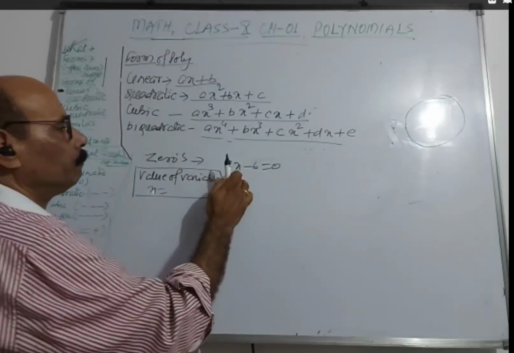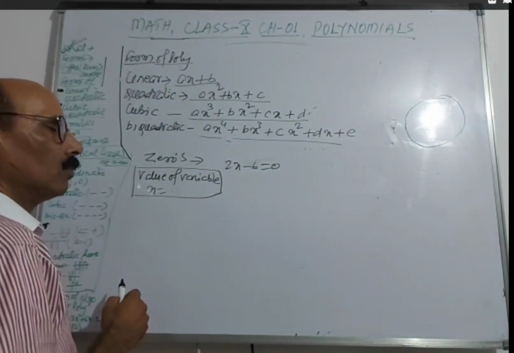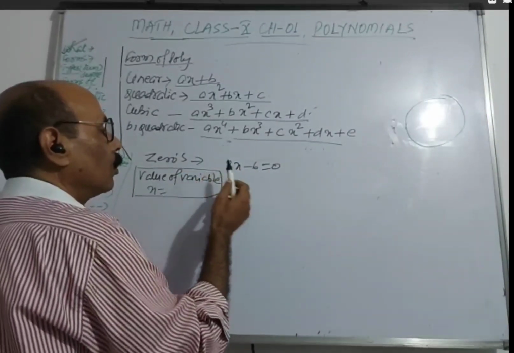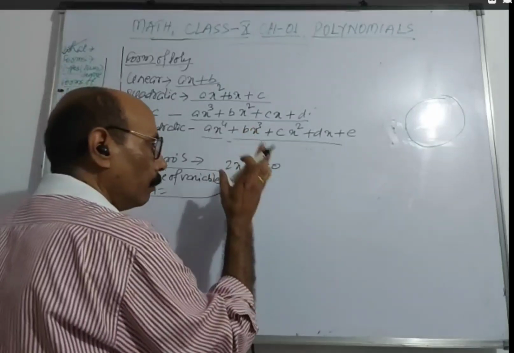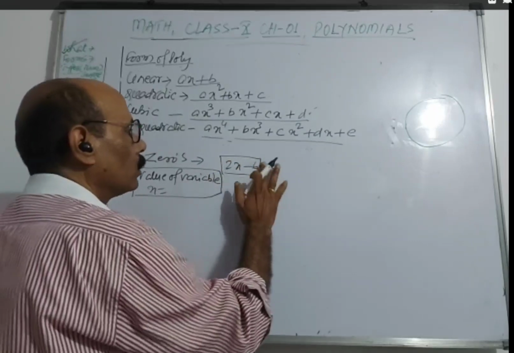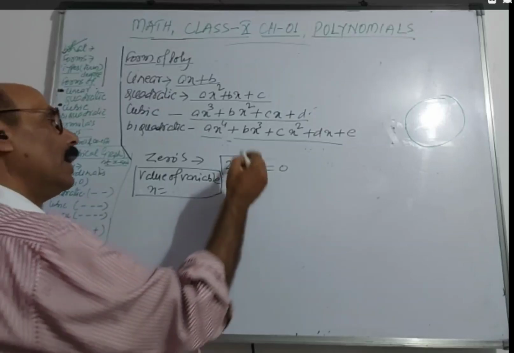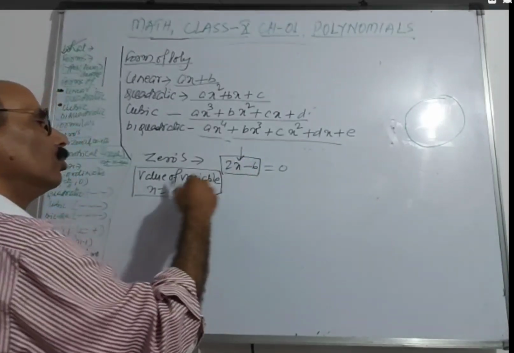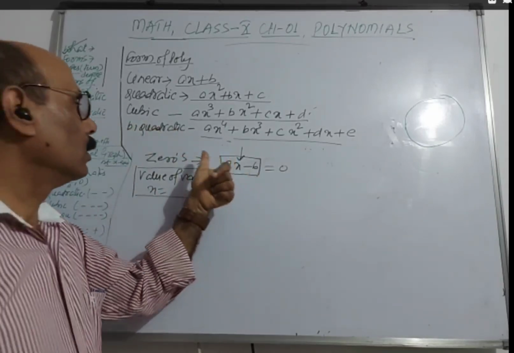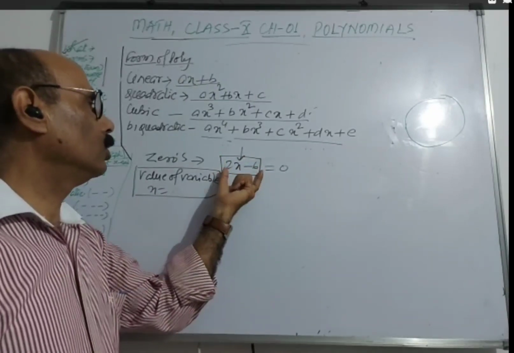If you think of it in another way, zeros of polynomial means the number which will make this polynomial equal to 0.